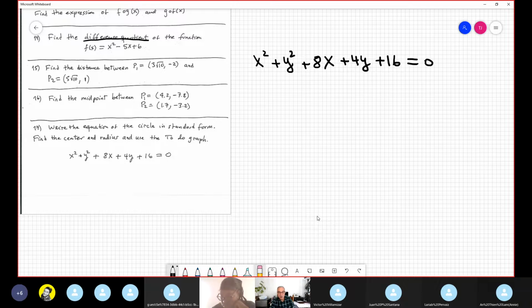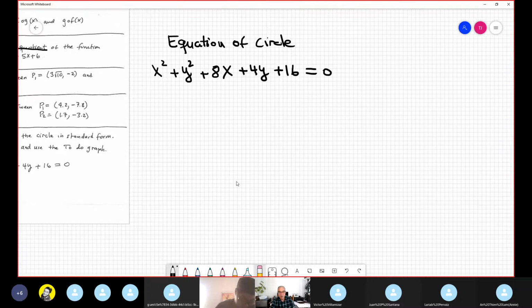This is the equation of a circle, but the only problem is it's expressed in general form. To see more clear, we need to convert to standard.